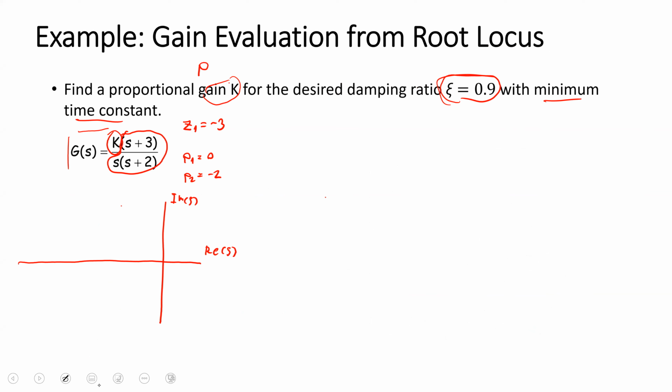The real pole at 0, the real pole at -2, and the 0 is at -3.